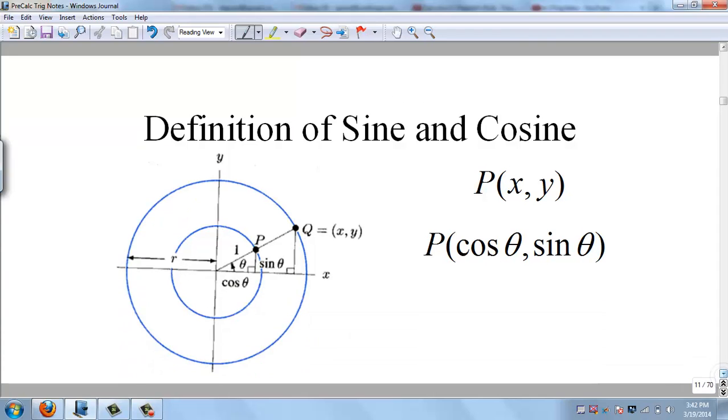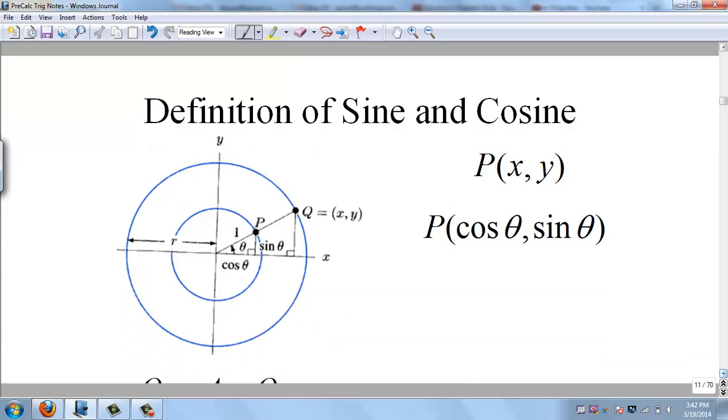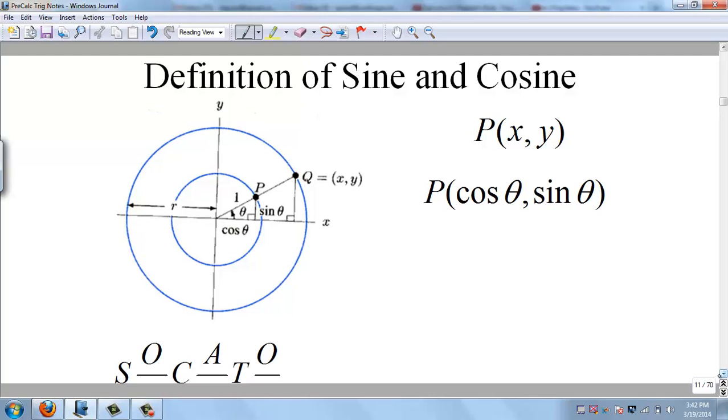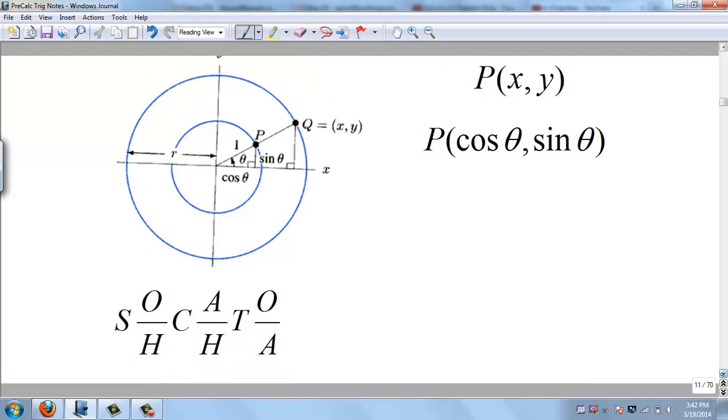Now let's look at the definition of sine and cosine, which I have already alluded to. You have your point xy, and now it's cosine and sine, and we also used SOHCAHTOA to find that. We didn't talk about TOA, but this is tangent, and the tangent is opposite over adjacent.